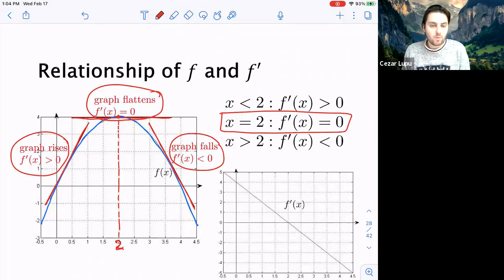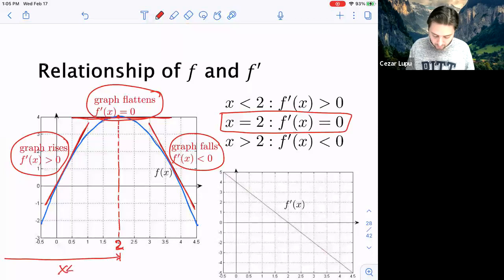Okay. So now let's go back. You see, at x equals 2 the graph flattens, so the derivative is 0, right? And now for x less than 2, you see on this side here. These are the values for x less than 2 and x greater than 2.